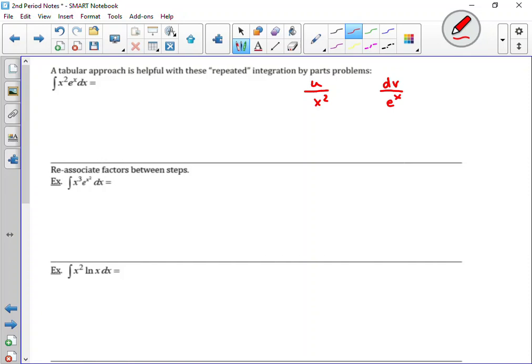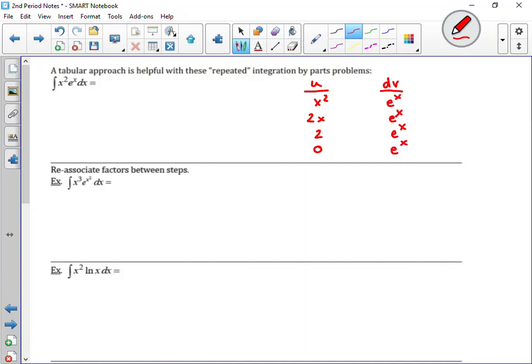And we're going to still take the derivative on this side, and we're going to still integrate on this side. So the derivative of u is 2x, right? And the integral of dv is e to the x. And then the derivative of 2x is 2. And the derivative of e to the x is e to the x. And then the derivative of 2 is 0. And the derivative of e to the x is e to the x.